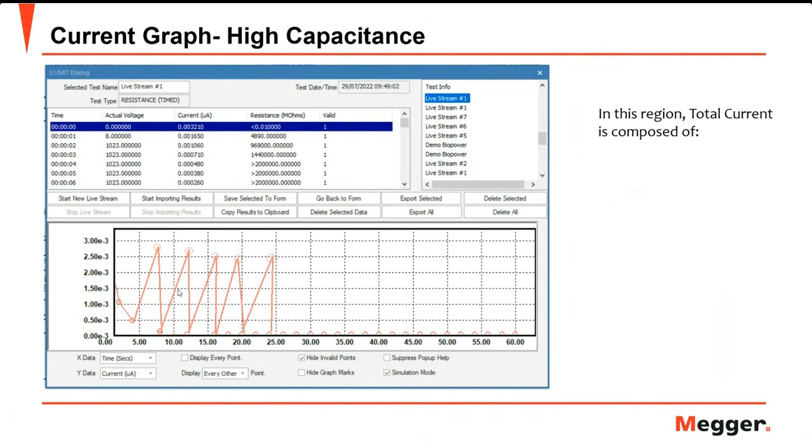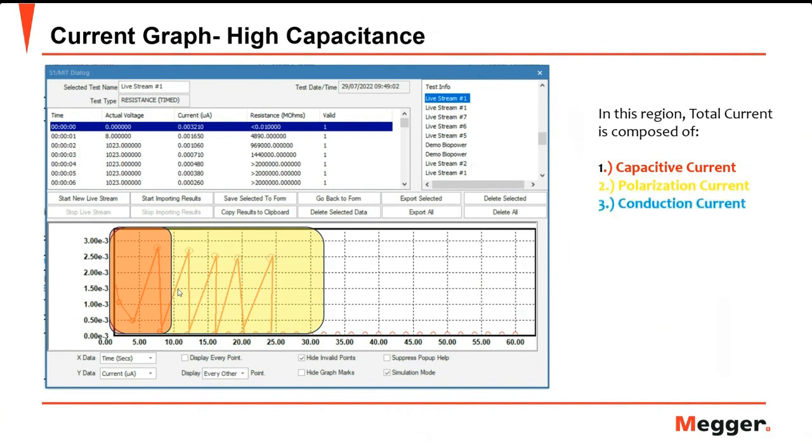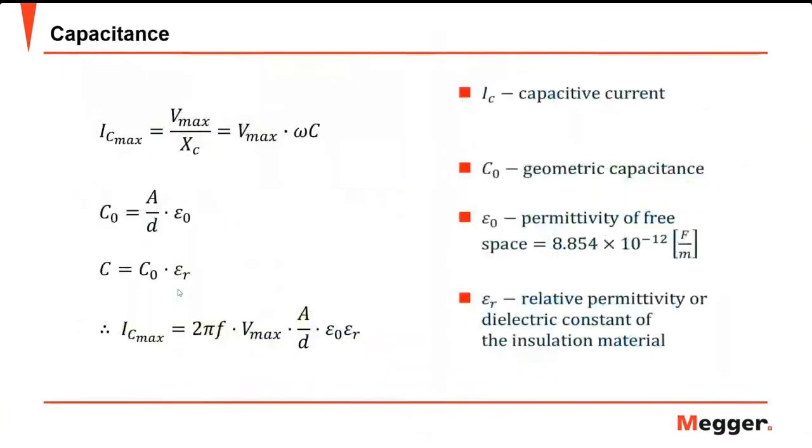Here it is very obvious that my current is just charging, discharging, charging, discharging. It's not maintaining on a level that is measurable, so we cannot do the testing with that test object. What you need to do is use another dedicated test equipment, like for cable, the Baur frequency or the tangent delta tester. You can use that for a highly capacitive test object.